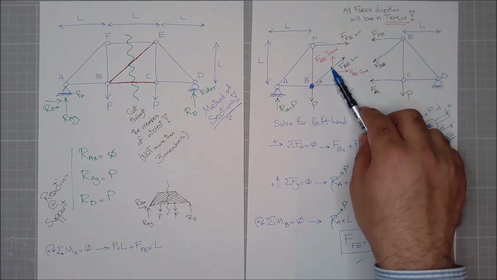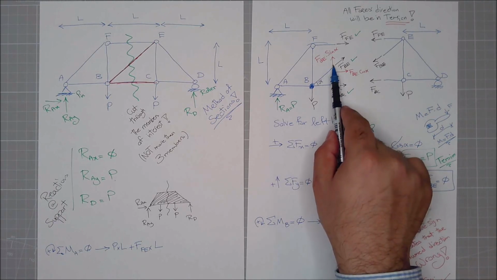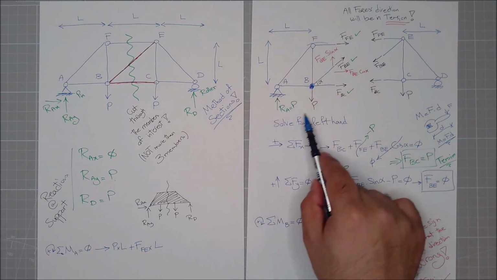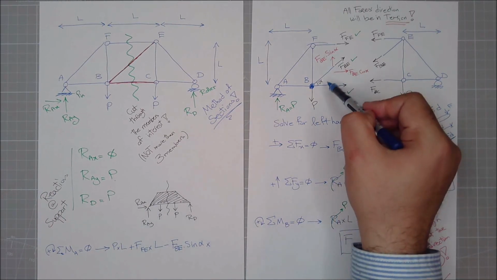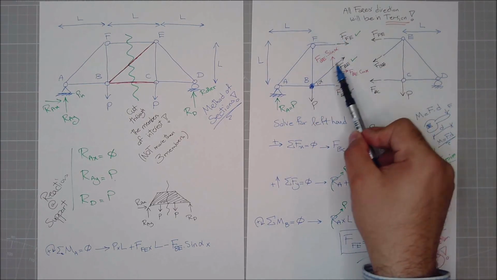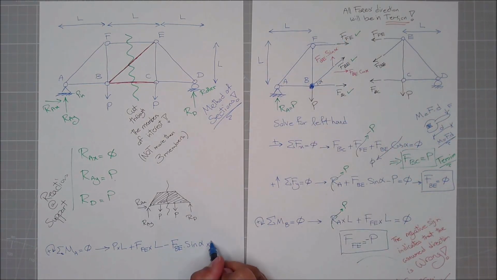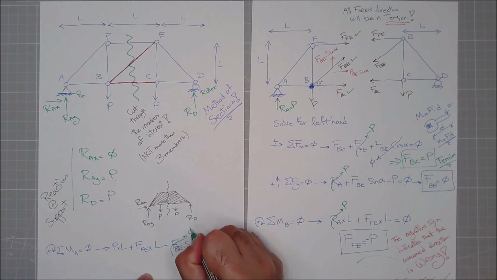But this guy, you see, I can go around A and the distance is L, but this time if I follow the arrow it is negative, so it's negative FBE sine of alpha times its distance, which is this much, L, from here to here, times L equals to 0. I have already calculated that from here this is 0.